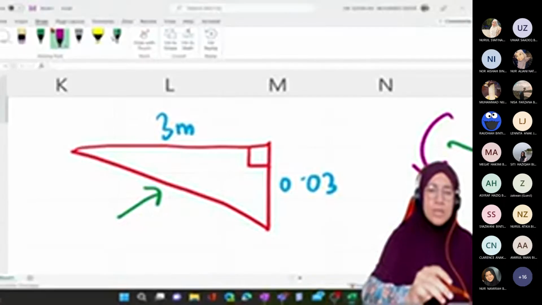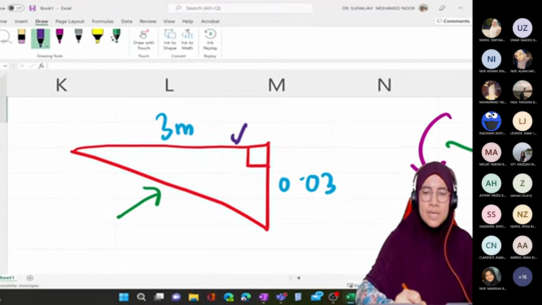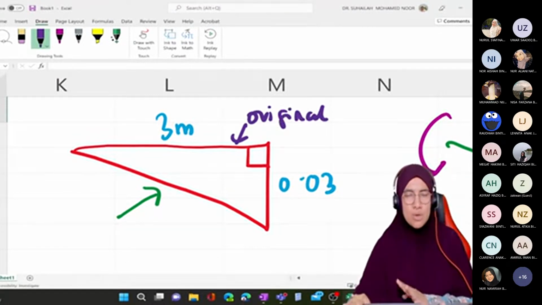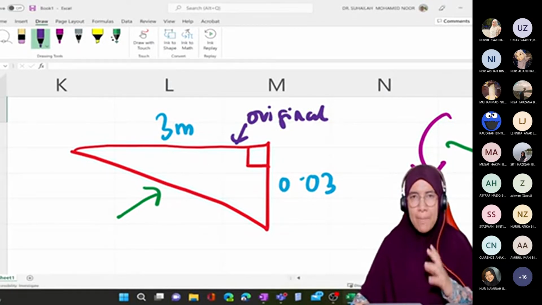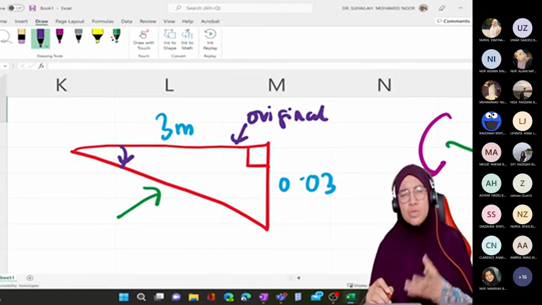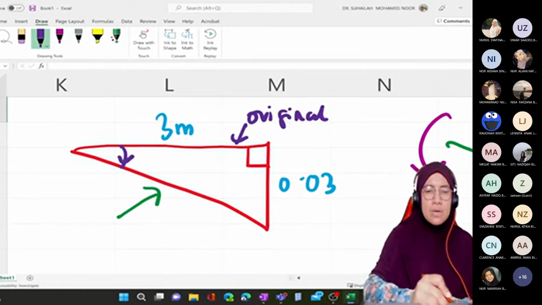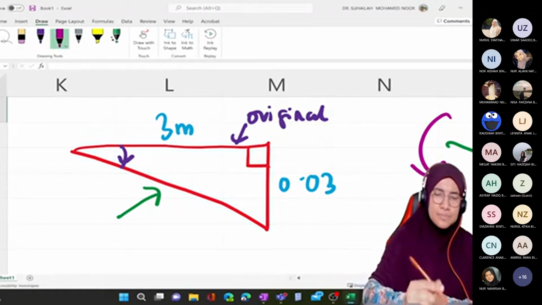Original is horizontal, and the beam is always horizontal originally. So we mark the angle, which is called chord rotation. We measure from original position to new position. This is called chord rotation.